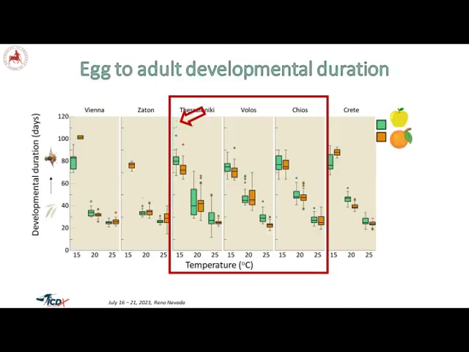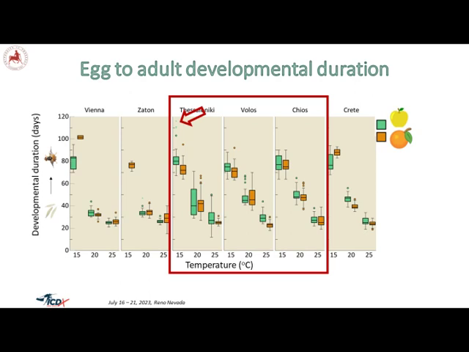But we looked also at the developmental duration. Consider that this is really important for overwintering, because if it is to overwinter within the fruit, it needs to extend the larval stage to many months actually.